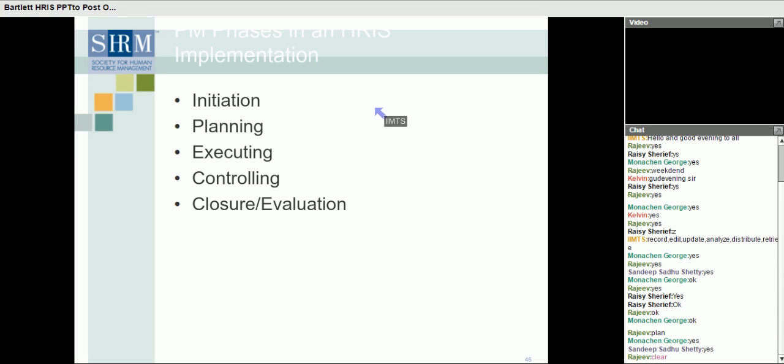Then 5 phases in an HRIS implementation: initiation, planning, executing, controlling, and closure evaluation.